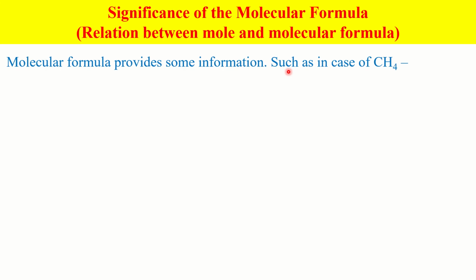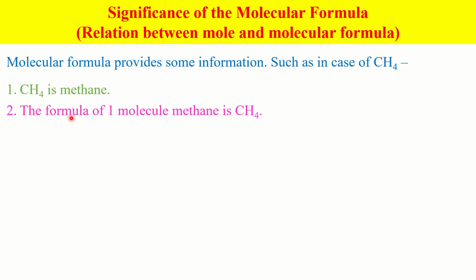Molecular formula provides some information, such as in case of methane, CH4. By seeing this formula, you can tell that it is methane. The formula of 1 molecule methane is CH4. That means CH4, this formula denotes molecule of methane.